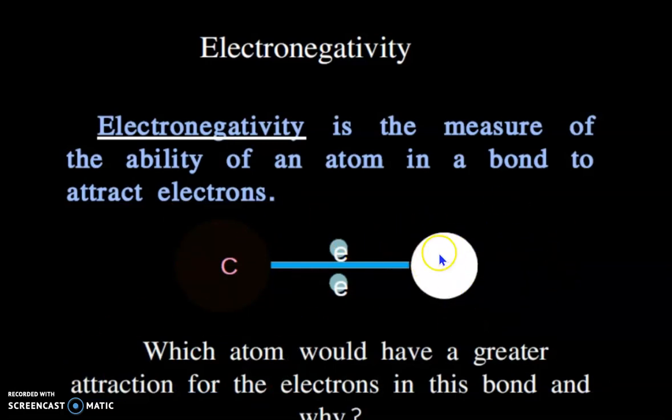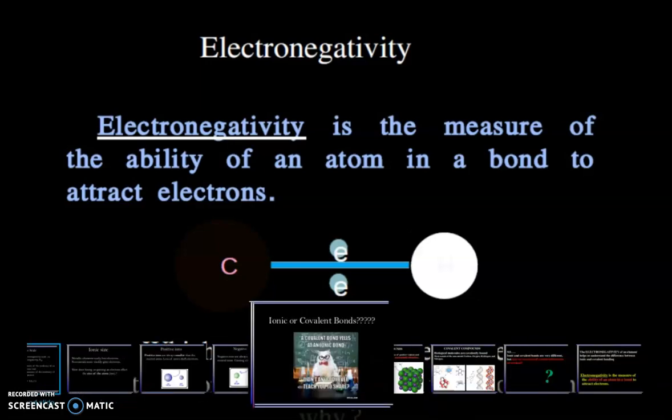Any one atom's ability or power to attract these bonded two electrons towards itself is called the electronegativity of the atom. Which atom would have a greater ability to attract electrons in this bond, and why?